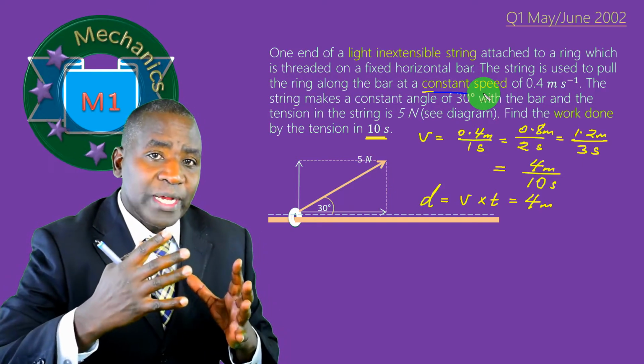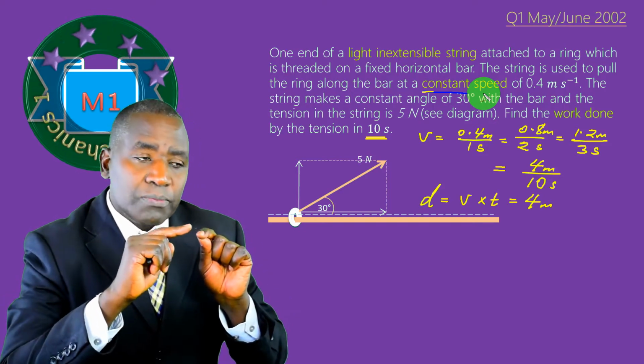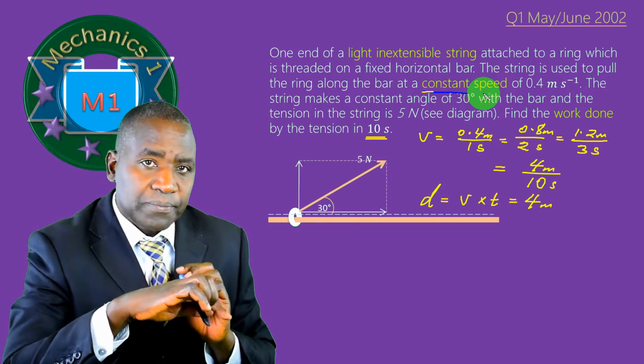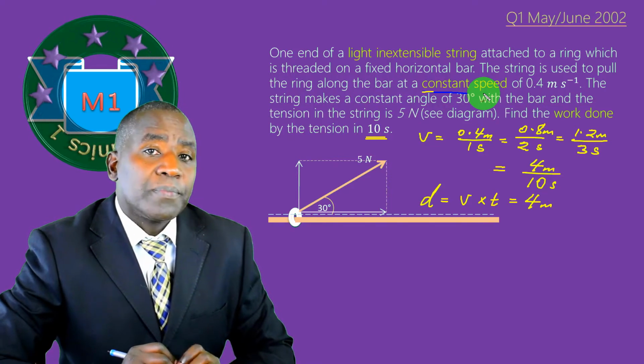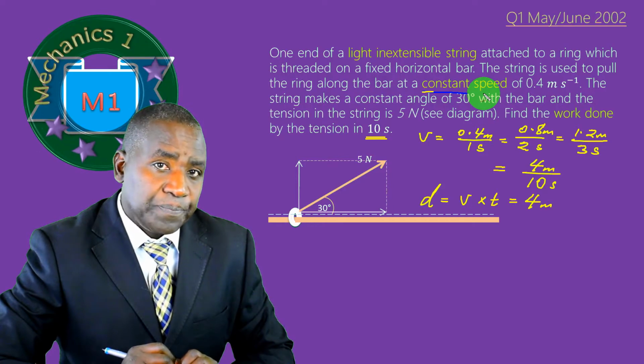Another thing that comes into mind when you're told that the speed is constant is this. Since this object is moving in a straight line with a constant speed, its velocity is uniform. When the velocity of an object is uniform, it means that its acceleration is 0.